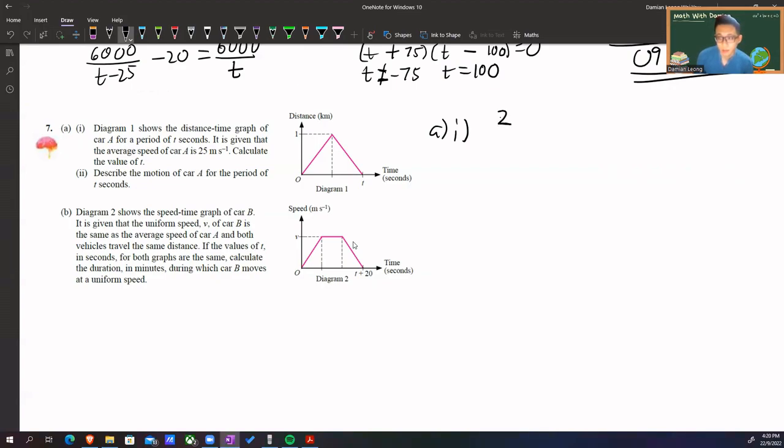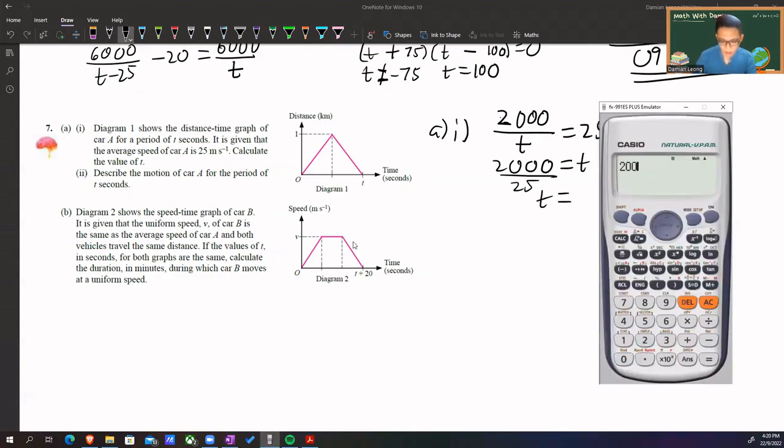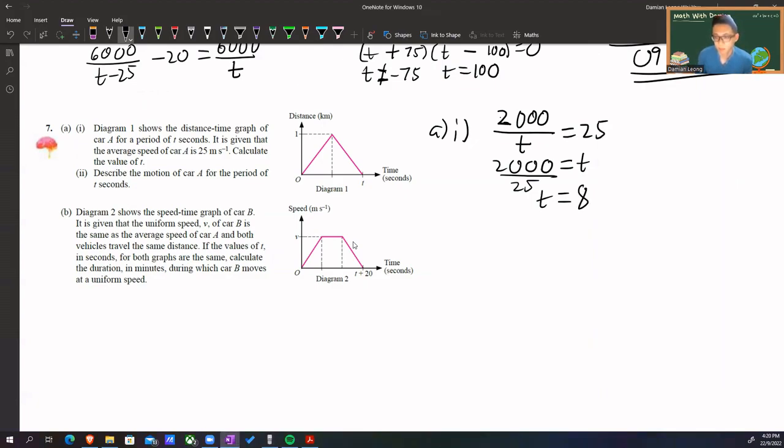So 2 km, but I want meter per second, so 2000 meters divided by the total time taken in seconds is equal to 25. So bring up the t, bring down 25. So 2000 divided by 25 is the time. Time will be 80. Yeah, that's A1.